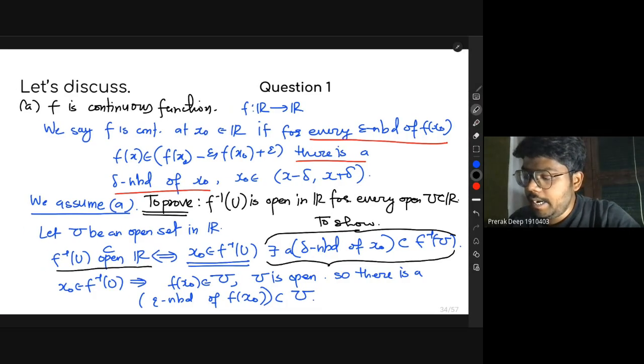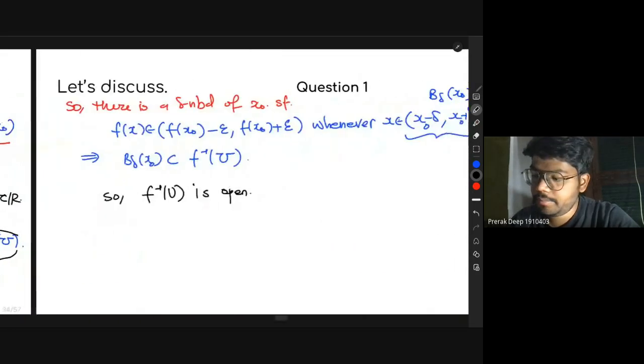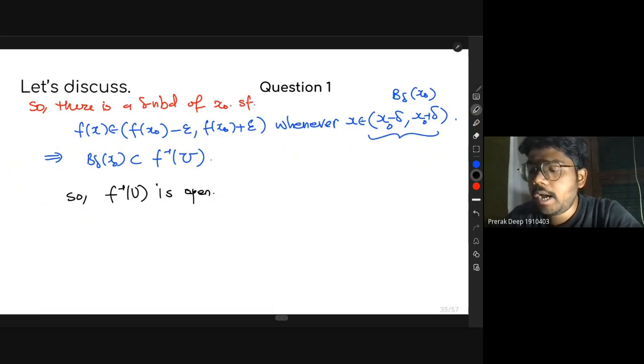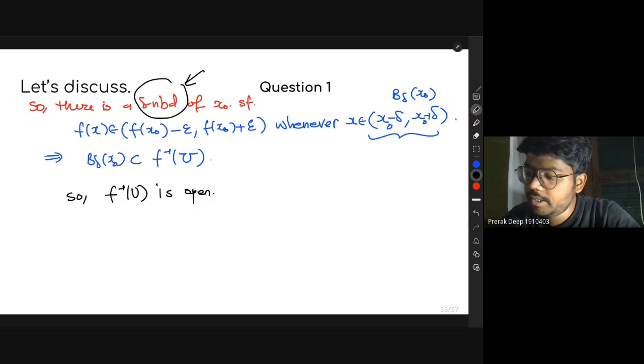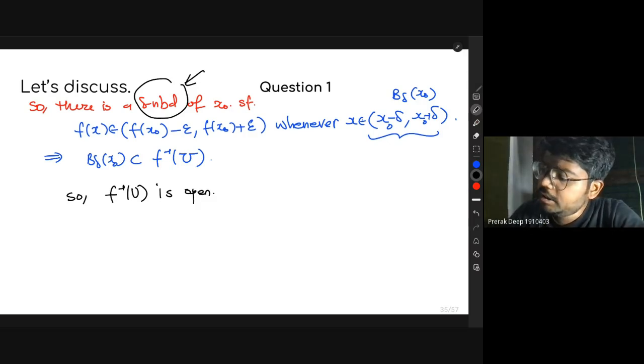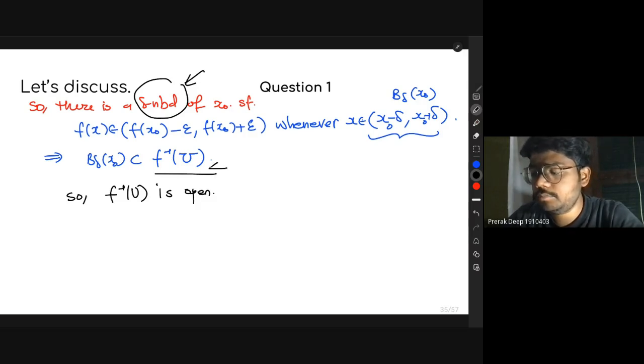Now for this epsilon neighborhood, I apply the definition of continuity. I can find a delta neighborhood of x naught such that f(x) belongs to this epsilon neighborhood of f(x naught) whenever x belongs to that delta neighborhood of x naught, which implies that this delta neighborhood of x naught is contained inside f inverse of u.